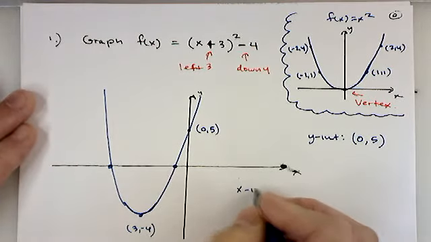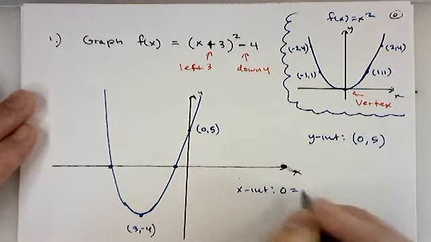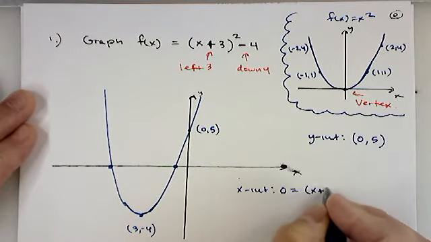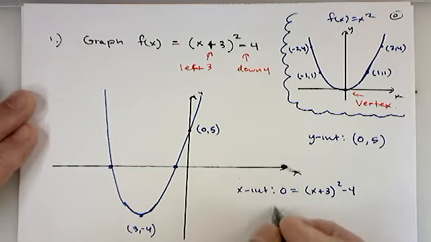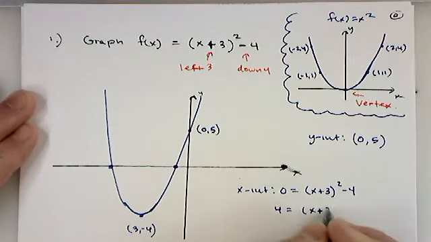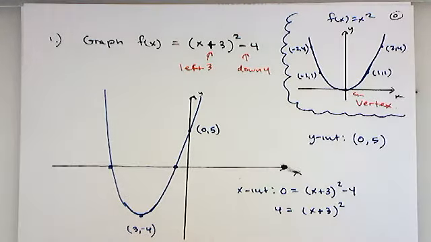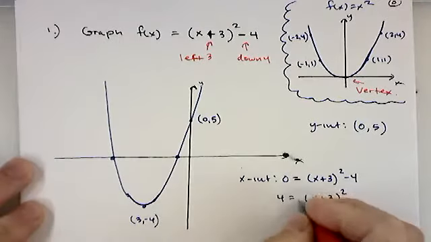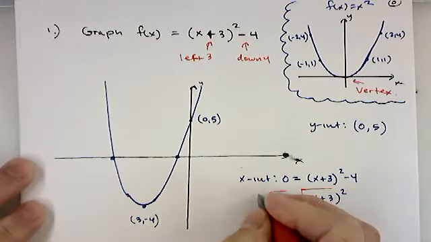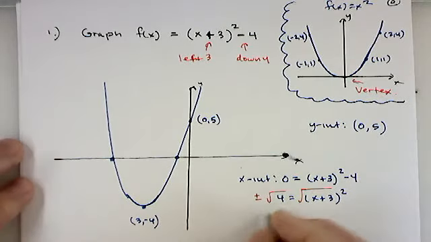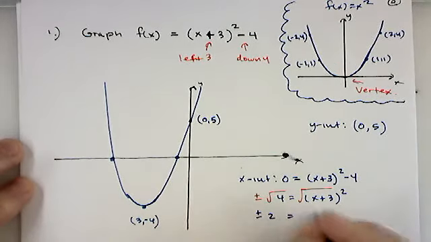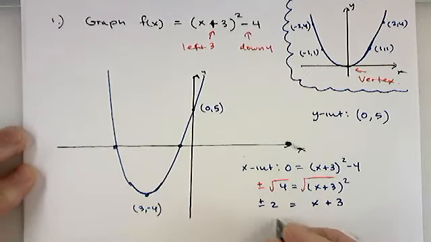So for my x-intercepts, 0 equals x plus 3 squared minus 4. We can move that 4 over. To undo that square, we're going to take the square root of both sides, remembering that we have to do plus or minus, right? We want to get both of those intercepts. So we have plus or minus 2 equals x plus 3.